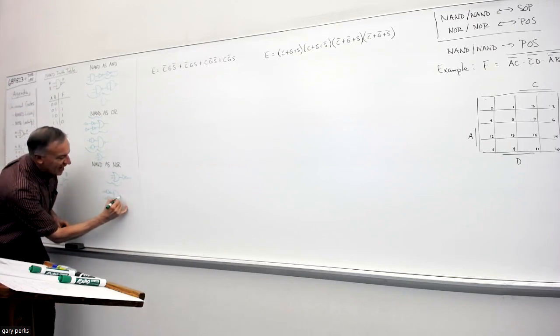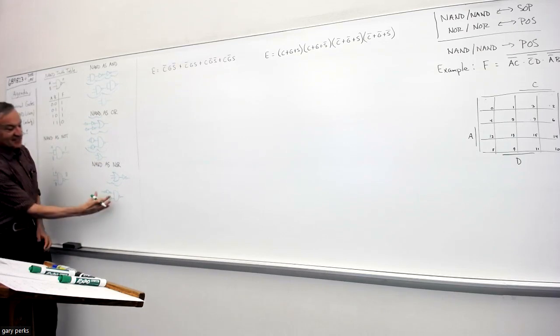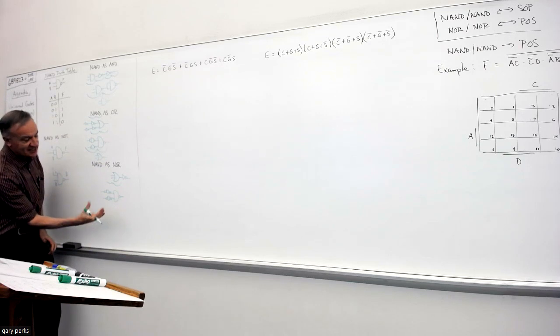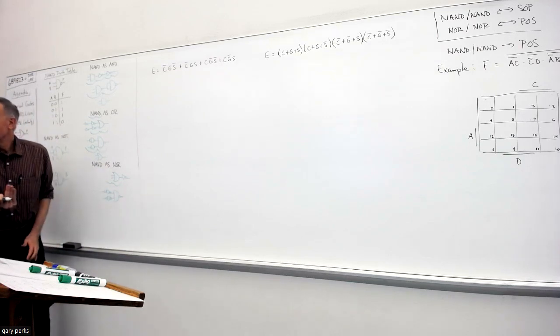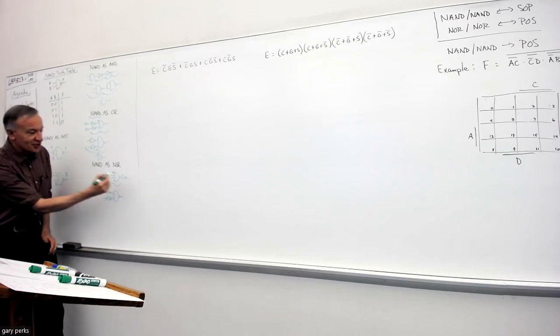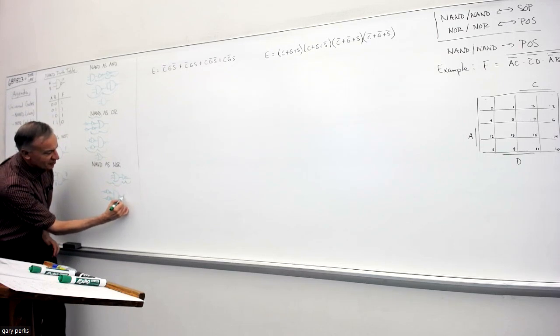And now what would we have to do here to make it a NOR? This here is a NAND gate, NAND gate as an OR. So to get a NOR, what do I have to do? Just another inverter on the output. So I just write this inverter as a NAND inverter. Right? Just put another NAND as an inverter.